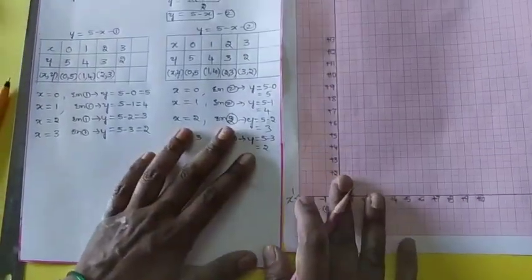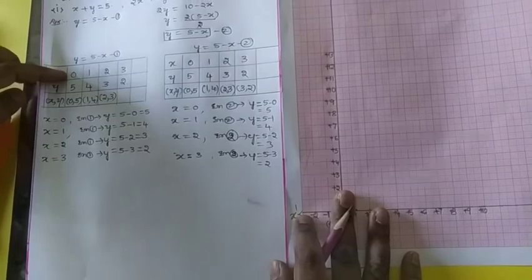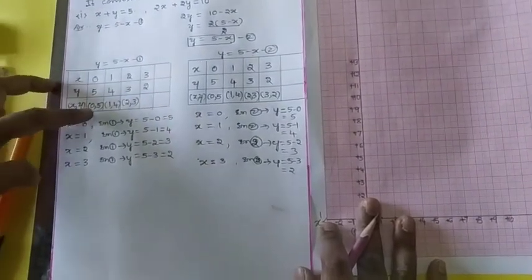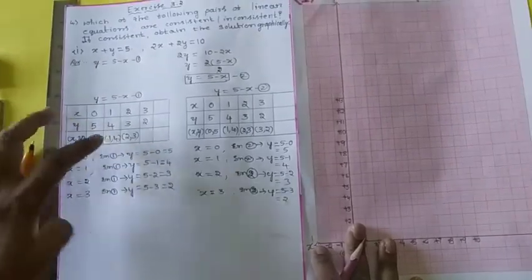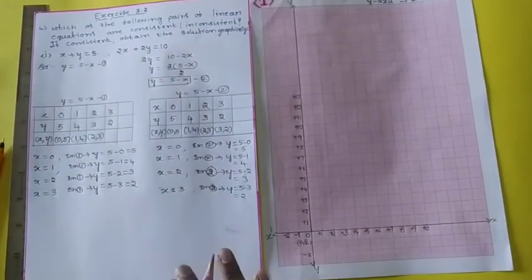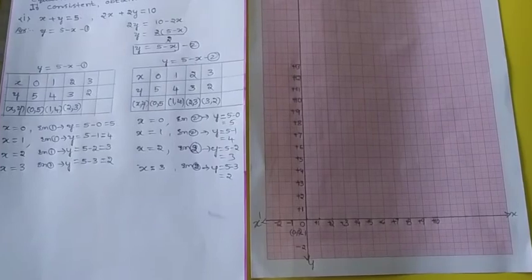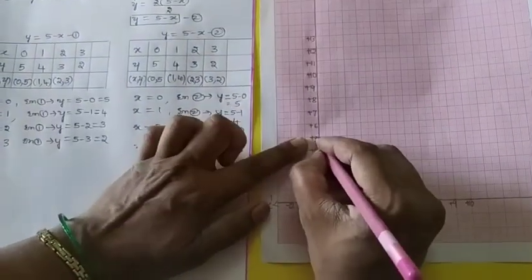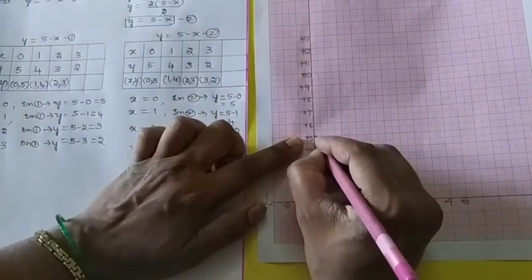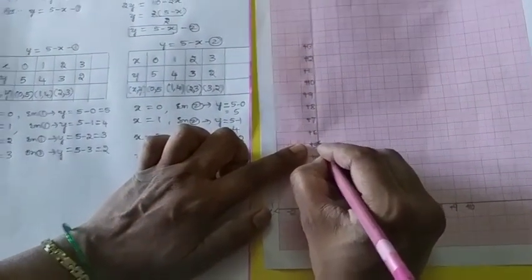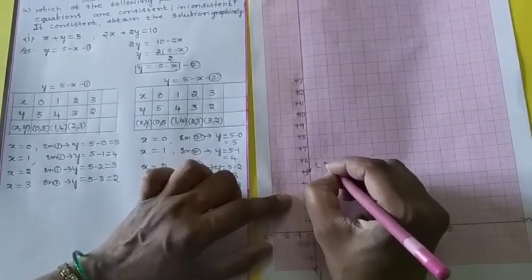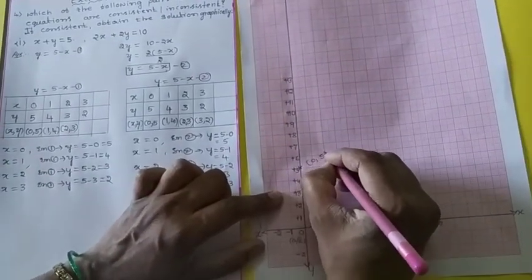First one is 0 and 5. First coordinate point is 0 in x-axis, y plus 5 in y-axis. 0 in x-axis, and y is plus 5 here. Then we will put 0, plus 5.